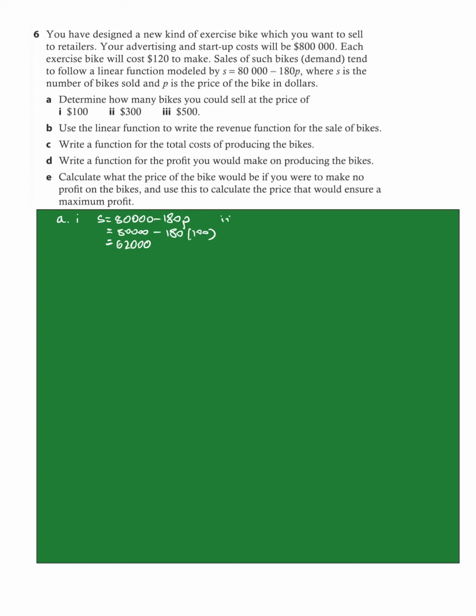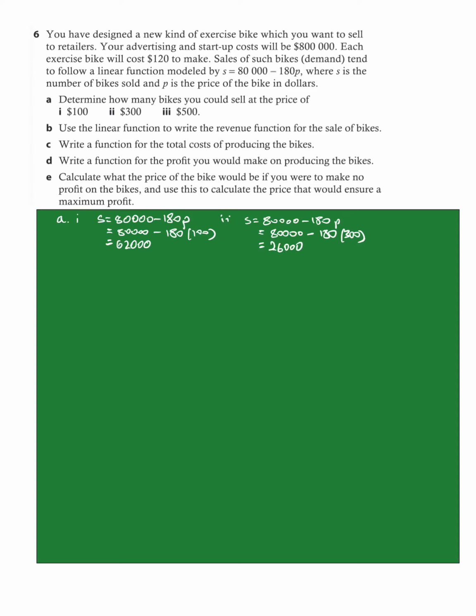Number 2 is the same. S equals 80,000 minus 180p, which is 80,000 minus 180 times 300, and that equals 26,000.